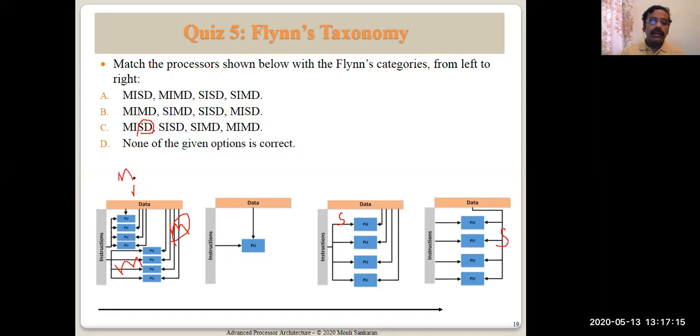How did you say this is MISD? 22 people. Why did you say this is MISD? It is SIMD. Not even SIMD. It's MIMD. Okay. This is MIMD. So let me stop sharing.